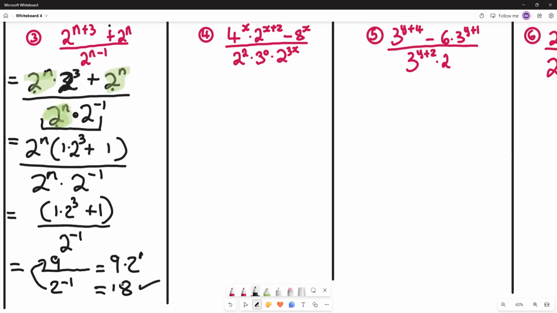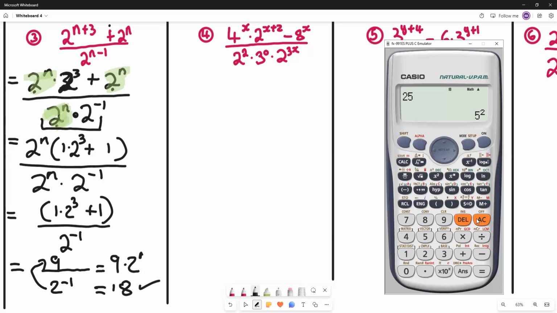So I'll show you how to test if your answer is correct. So what you do is this. You see this original expression, I'm going to type it. You have a fraction, you have 2 to the power. Wherever I see n, I'm going to always put 1. Just put 1. So I have 1 plus 3 there. Then I can see that I have a plus sign, and then I have 2 to the power n, which I said you replace all the n's with 1.